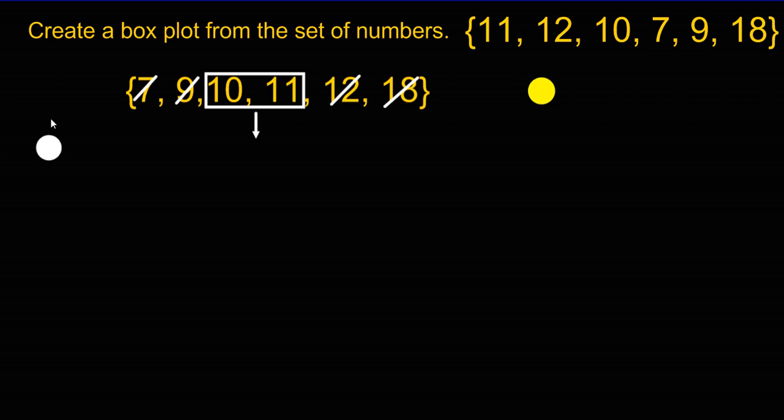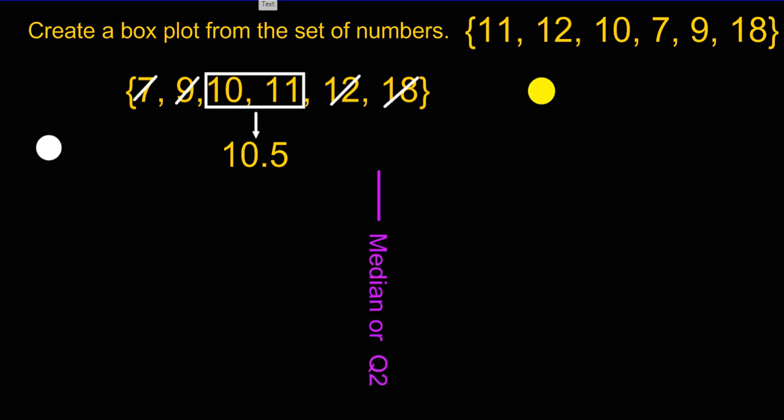So add them together and divide by 2. 10 plus 11 is 21, divided by 2 is 10.5, which is going to give us that central number, or the median. Now that median is going to be the middle part of your box that you're making for your box and whisker. It might not actually be located directly in the middle, but it will fall more than likely somewhere in the middle of the box.